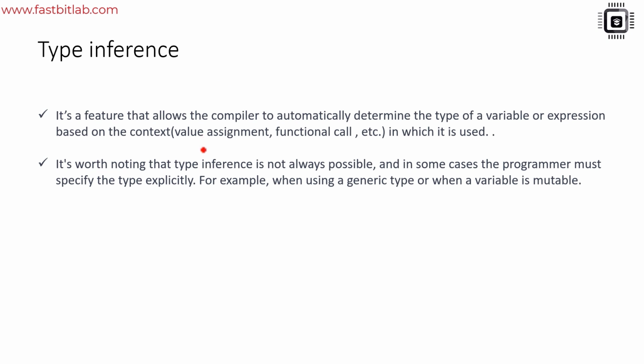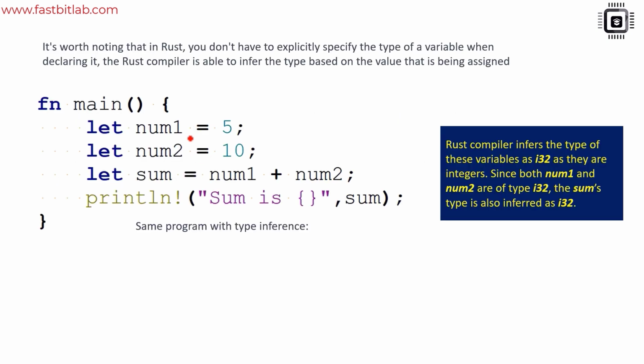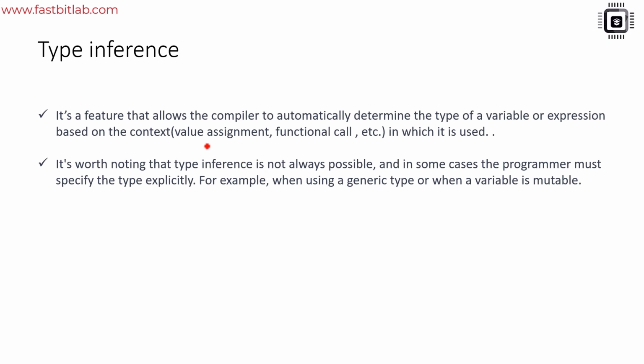The context need not be a simple assignment like this. It could be any operation like an arithmetic operation or any logical operation, or it could be a function call, etc. And it is worth noting that type inference is not always possible. If there is any ambiguity while inferencing, then the Rust compiler may throw errors. Then you have to explicitly help the compiler with the type.